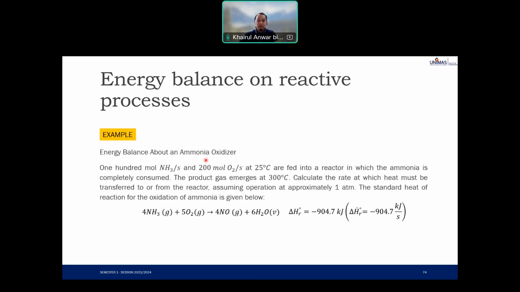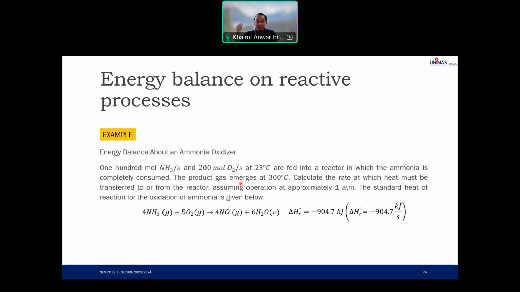Example: an ammonia oxidizer. 100 mole ammonia per second and 200 mole oxygen per second at 25 degrees C are fed into a reactor in which ammonia is completely consumed, meaning if you have that reactor, ammonia goes in, no ammonia goes out.